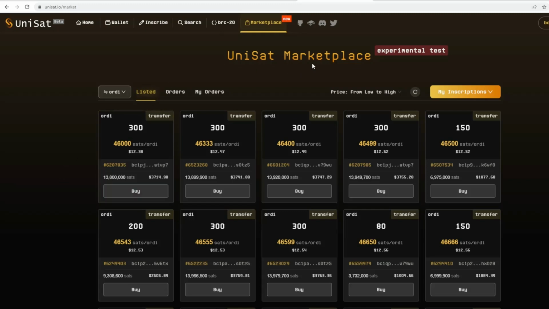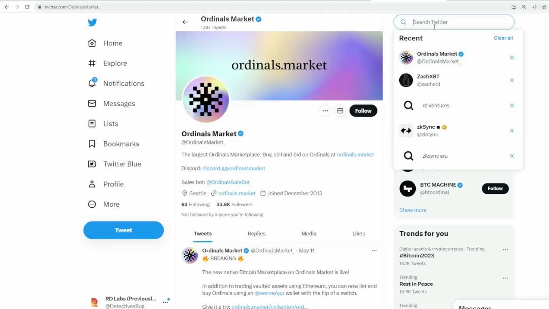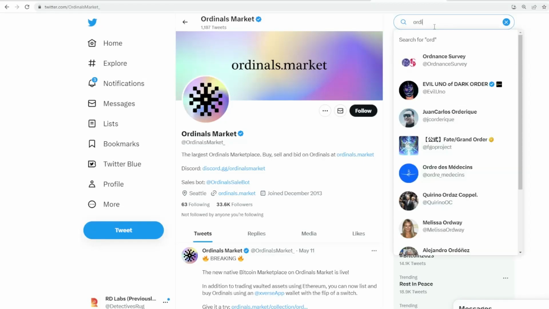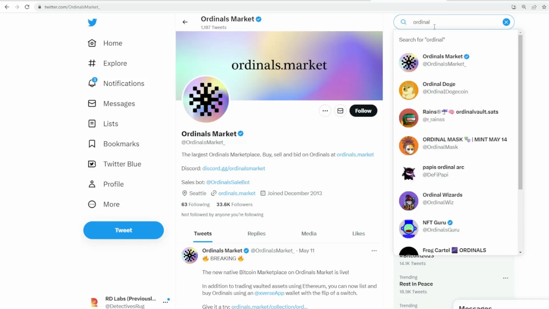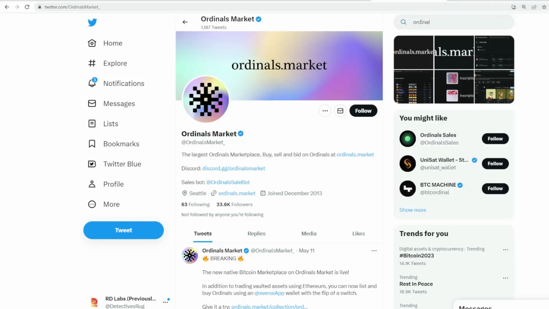There are obviously other, let's just say, platforms that you can look at. So there's the Ordinals wallet that you can go to. So if we go to Ordinals, let's just see here. Just give me a second.